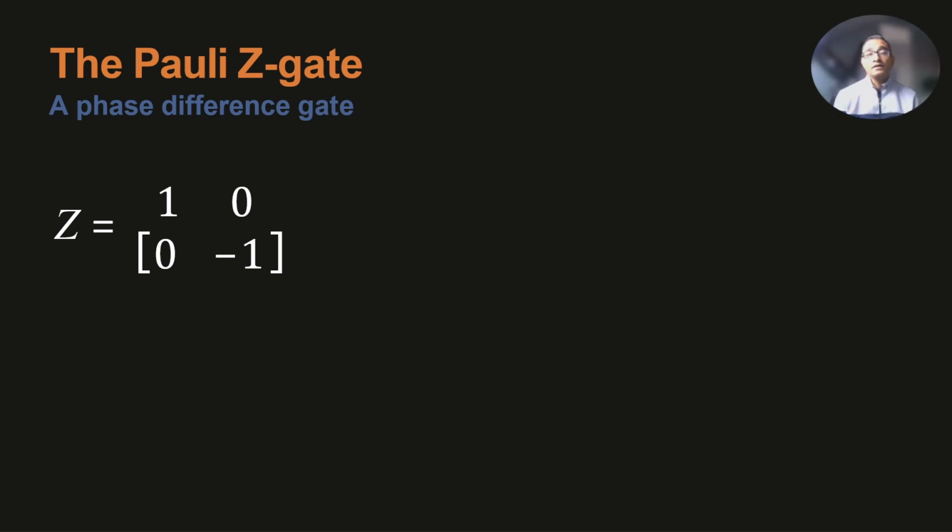Let's look on. A Pauli Z gate is represented by the matrix as you can see on the screen. So 1, 0, 0, minus 1. And what it does, as I said before, is that it introduces a phase change. So let's look at an example.